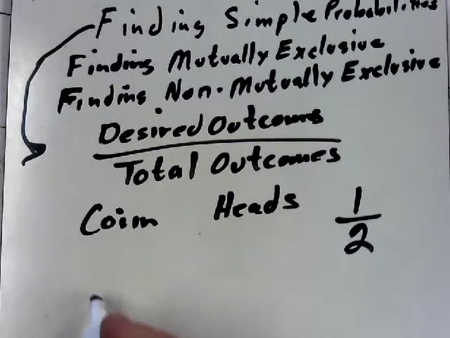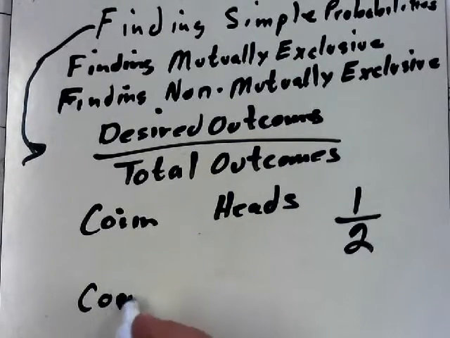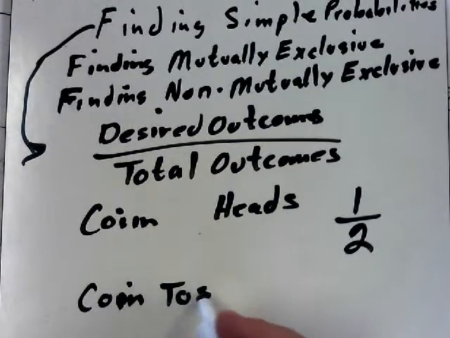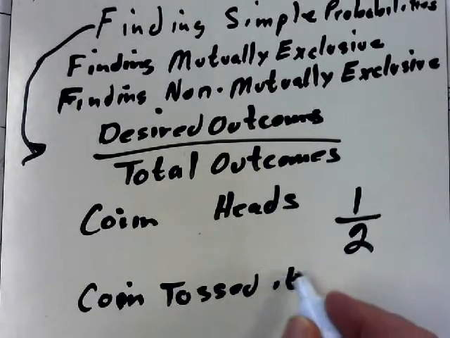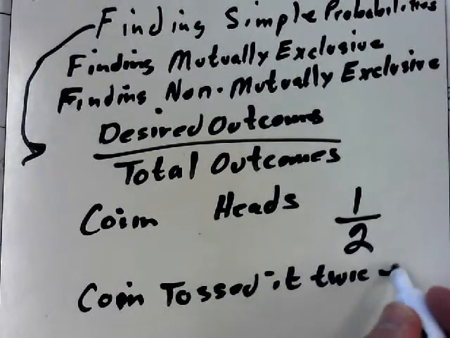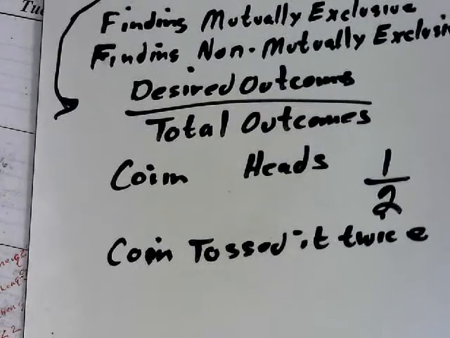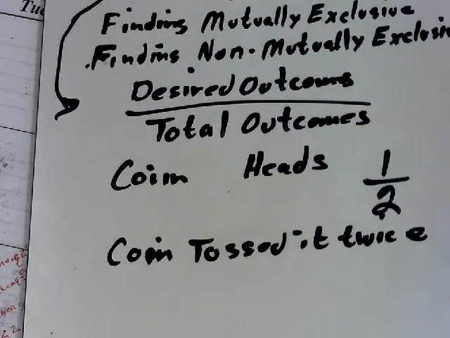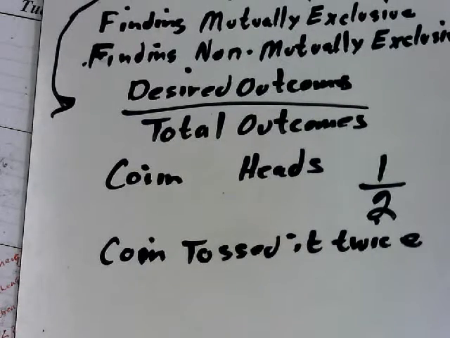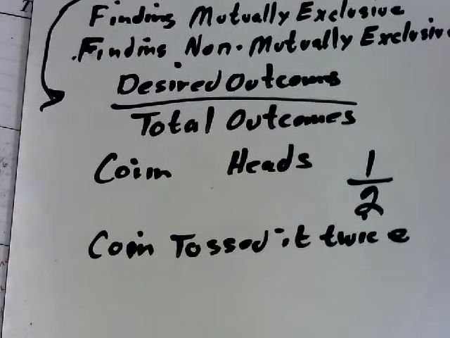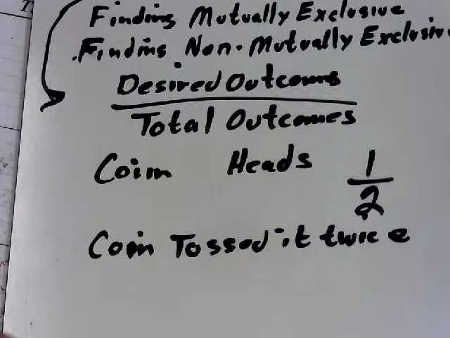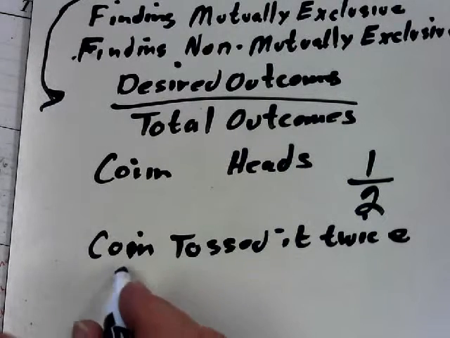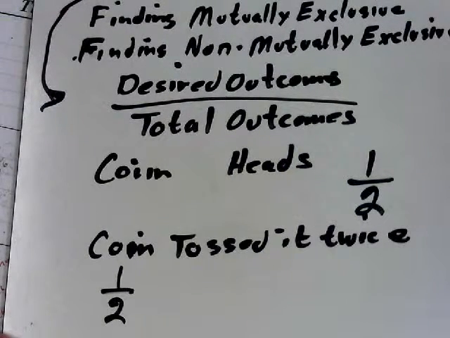If I took that same coin and tossed it twice, this one is kind of the non-mutually exclusive, but it's also simple probability. The first time I tossed it and I wanted to get heads, what's the probability of getting heads? 1 out of 2, isn't it?